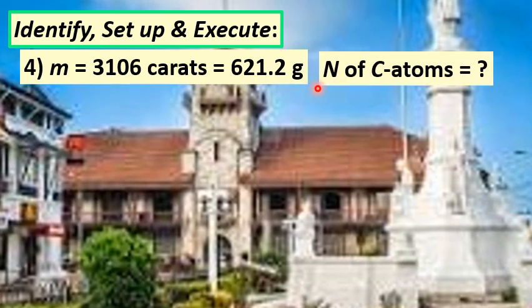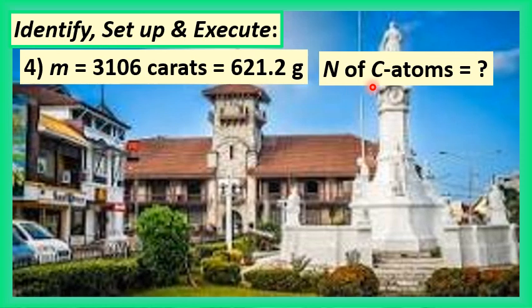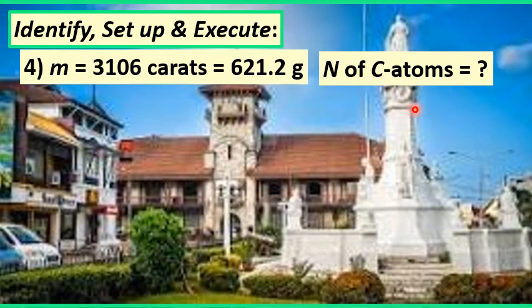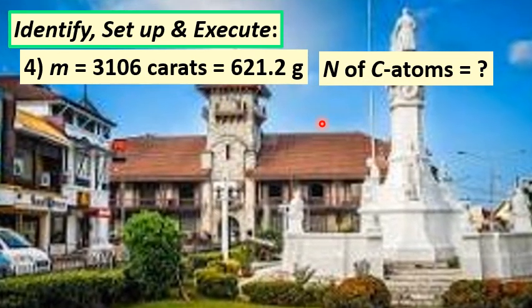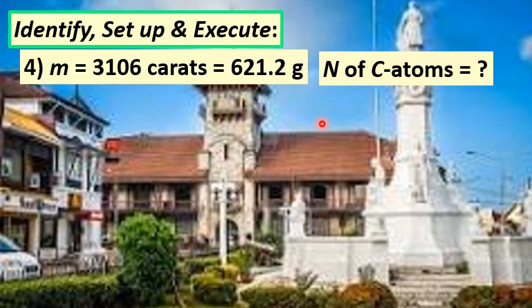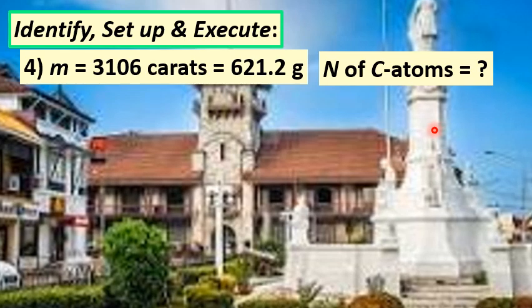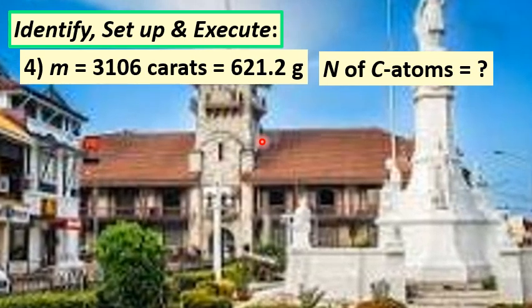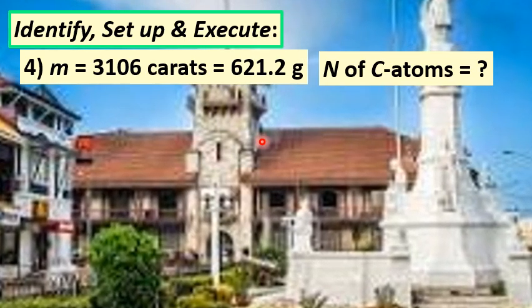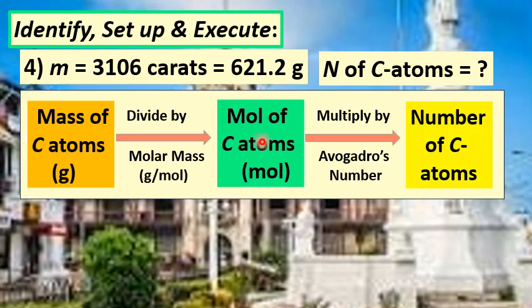So we denote that by capital N, the number of carbon atoms. We know that diamond is an allotrope or an elemental form of carbon. And we can find the number of carbon atoms, capital N, by using this formula.